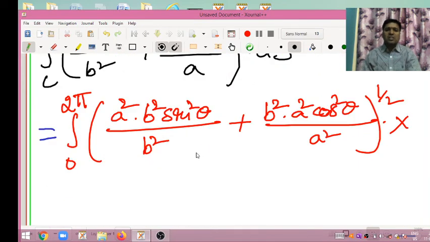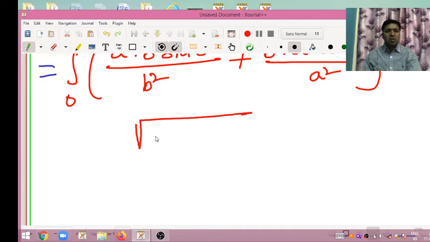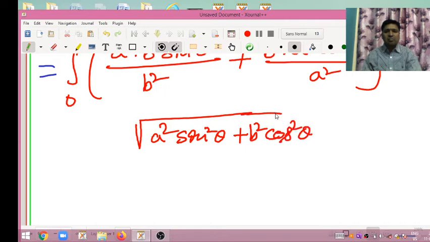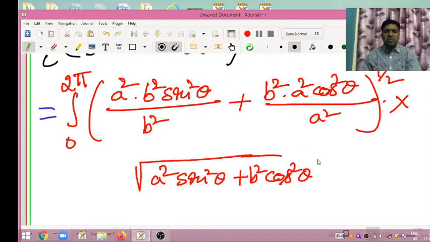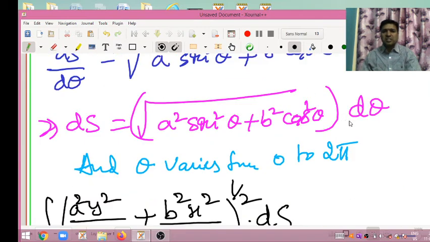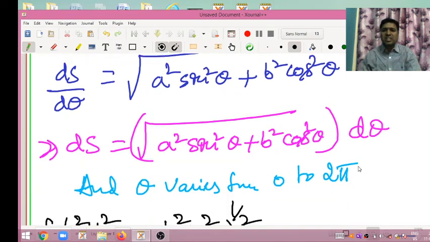Square root of a² sin²θ + b² cos²θ into dθ, this one is the ds value.